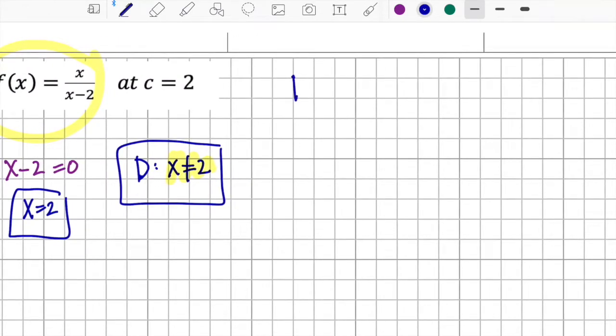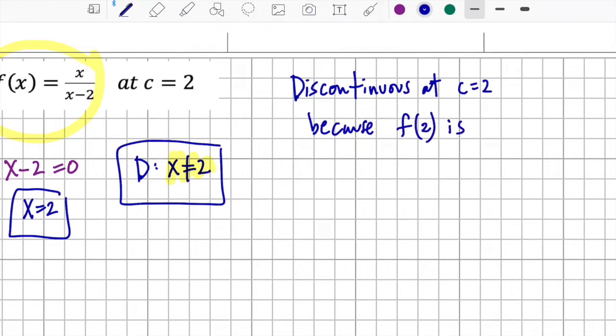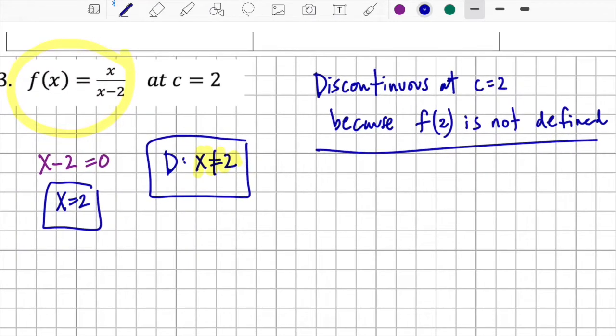So we can say discontinuous at c equals 2 because f of 2 is not defined. So therefore it is not continuous. So you can say either not continuous or discontinuous. It's the same thing. So there's nothing else to do here. That's it for this problem.